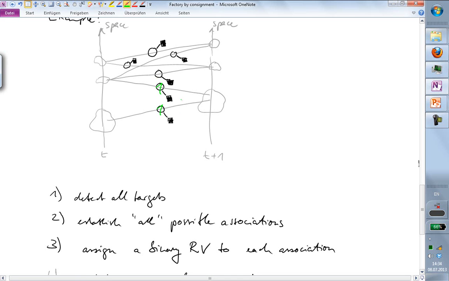However, I would have the problem now that both associations being on would mean that somehow both of these detections in the first step would correspond to the single detection in the second step. And in my simplifying assumption, I was saying that the detections are perfect.